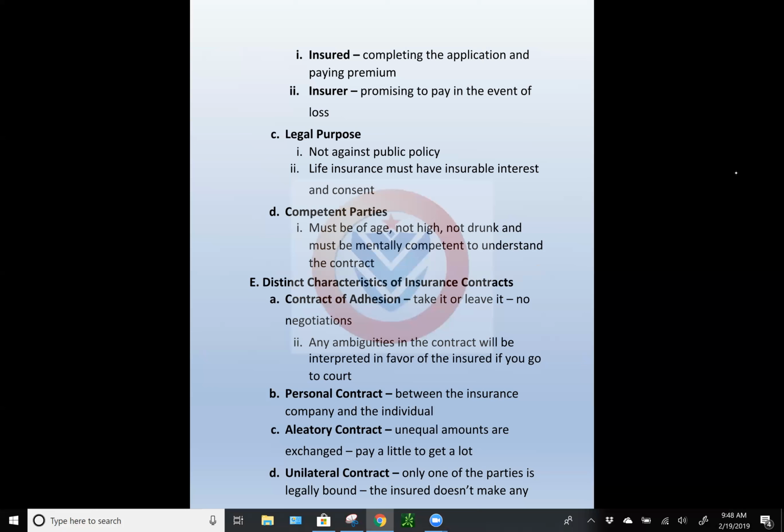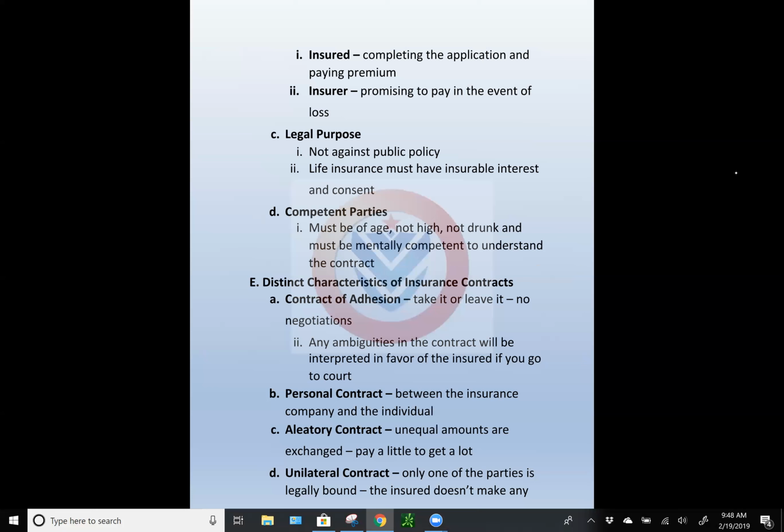Next, insurance contracts are called personal contracts because they are between the insurance company and the individual. Insurance contracts are called aleatory contracts, which mean unequal amounts are exchanged. So you pay a little to get a lot of coverage. That's what makes all insurance contracts aleatory in nature. And lastly is unilateral.